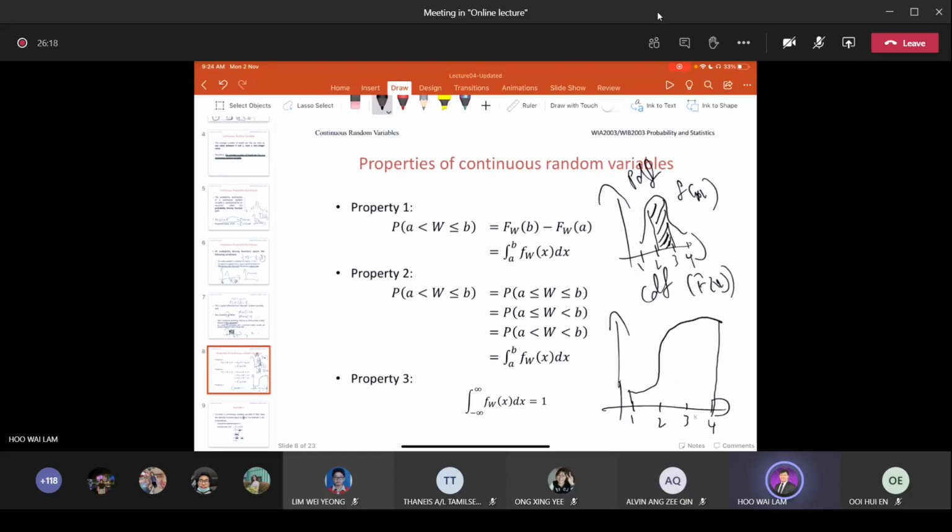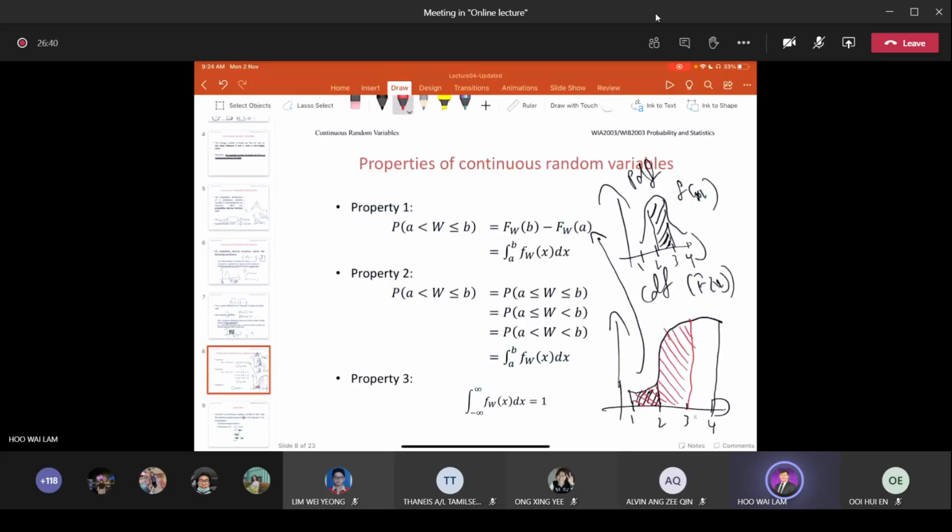Another way is following this example. When you're using CDF this time, you can calculate the small part first. This small part refers to this one, and then you calculate a big red part, which is this.